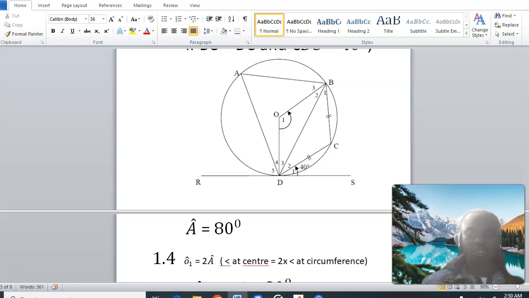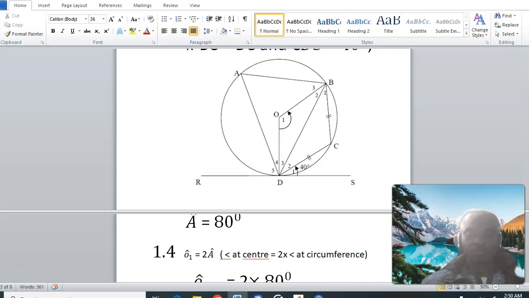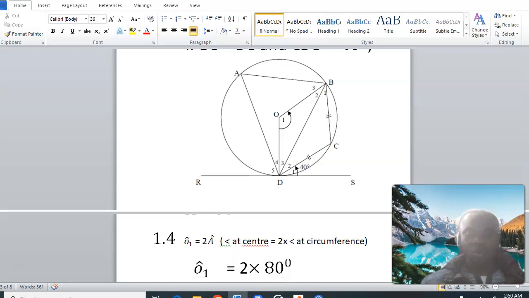Then the next question, O1. They want us to calculate O1. How do you calculate O1? We know O1 is equal to 2 times A. Angle at center is equal to 2 times angle at circumference. See that we are applying the grade 11 work here.